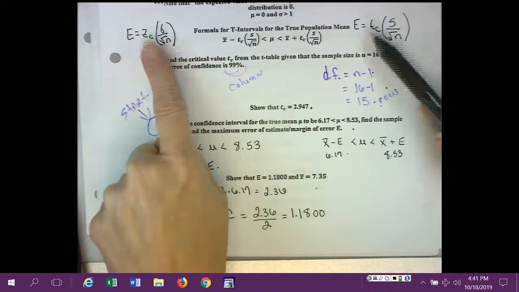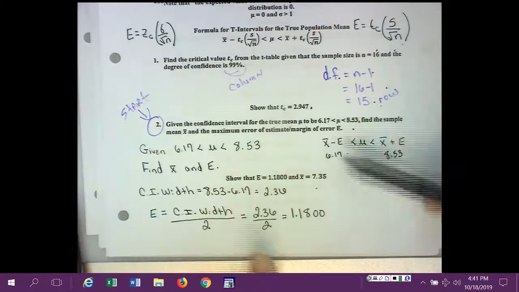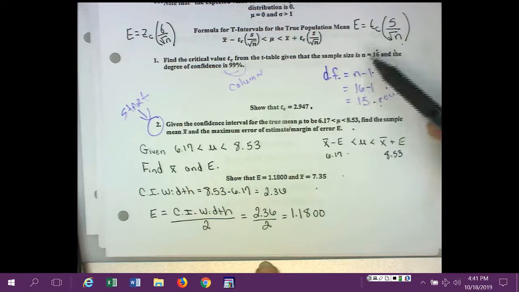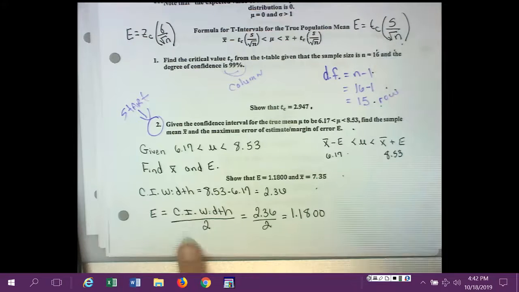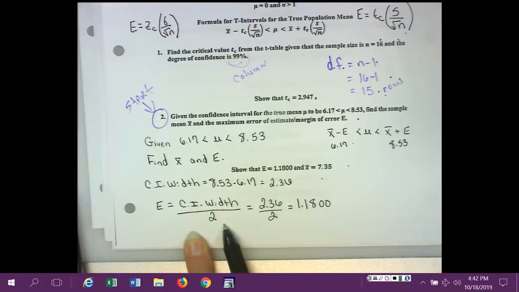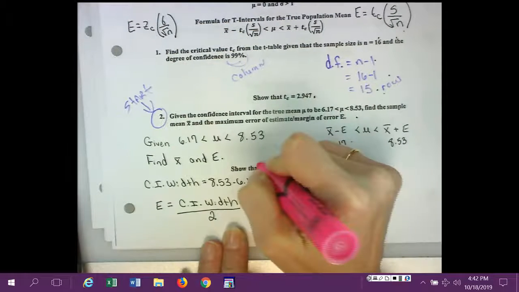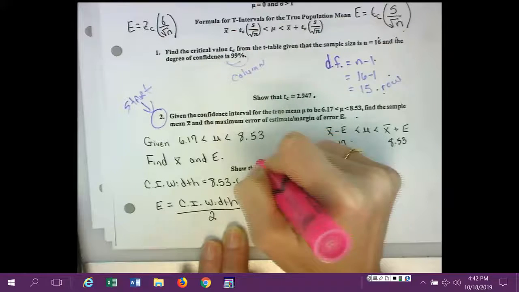We are not even given a degree of confidence so that we know the critical values. So for this problem, the traditional way of giving E cannot be done. You will have to use the confidence interval width divided by 2 method to receive E. So E is 1.1800. So we have been able to verify that.